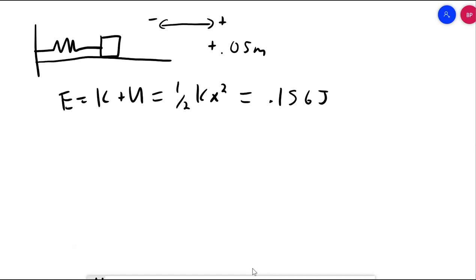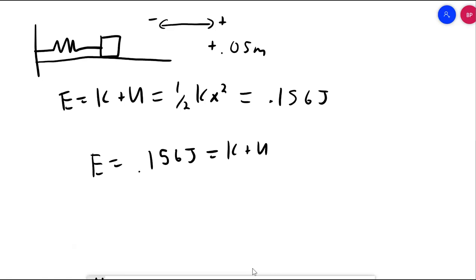Okay, the next thing you want to know is what is its maximum velocity? So we can use energy to find this out. Our energy is 0.156 joules, and it has to be equal to the kinetic energy plus the potential energy anywhere along the oscillation. Now we want to know what its speed is when it's moving the fastest.